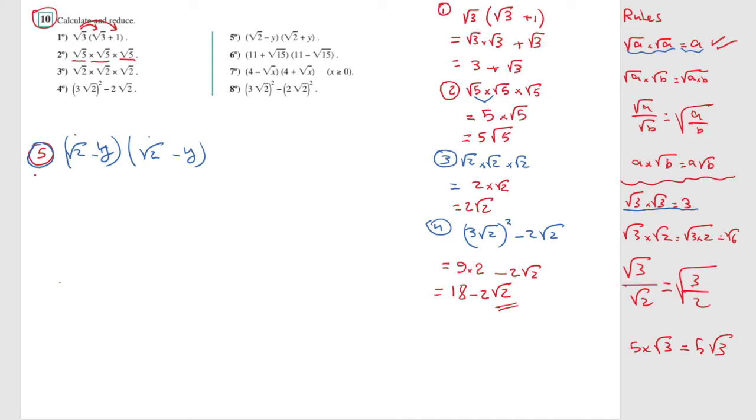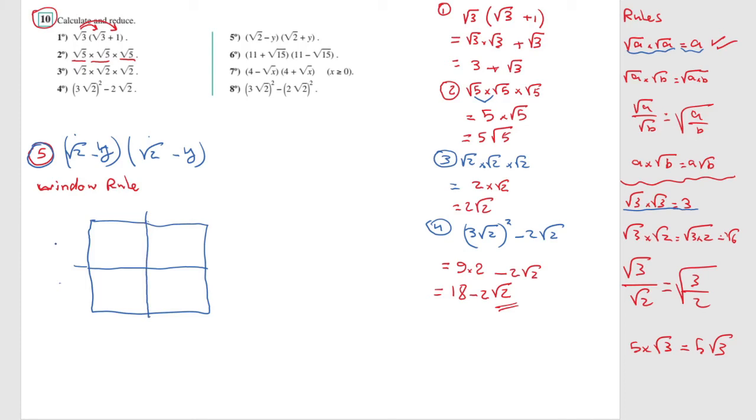I brought it to you. I will call it the window rule. Okay, window rule. It has another name, but let's call it the window rule just for fun. I'll draw a window like this. Okay, like that. Radical 2 minus y, we can write the first one, radical 2 minus y, for example here, and of course we'll complete the window like that. So let me write radical 2 here and negative y here, and also radical 2 here and negative y here.